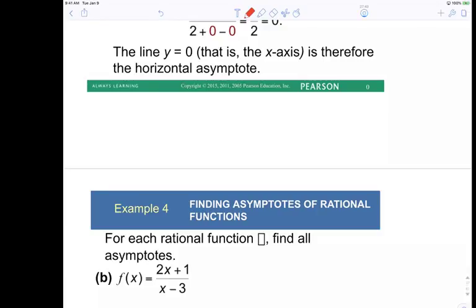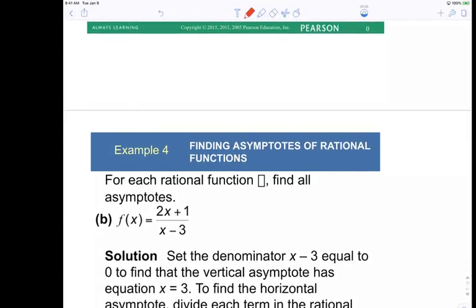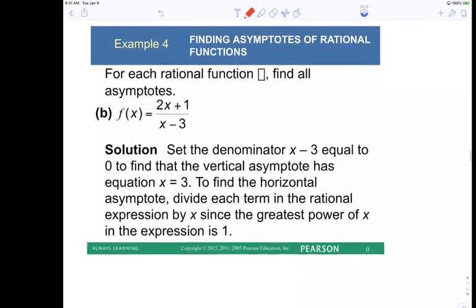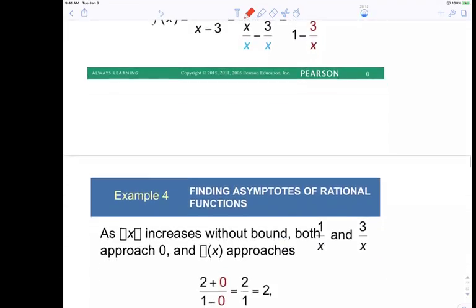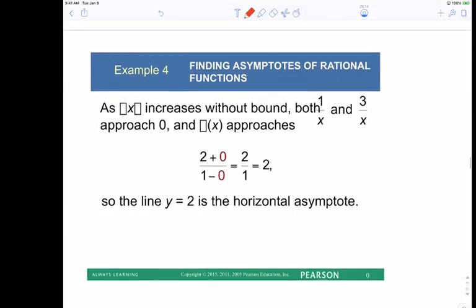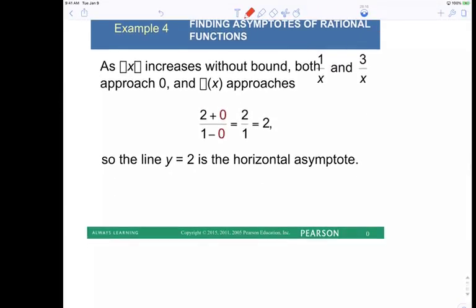What x value is going to make the denominator 0 here? 3. If we plug in 3, will we get some number over 0? Yeah. So the vertical asymptote occurs when x is 3, horizontal is y equals 2, and I think that's it. x equals 3, and the other one should be y equals 2. Okay, so we're about halfway through this.